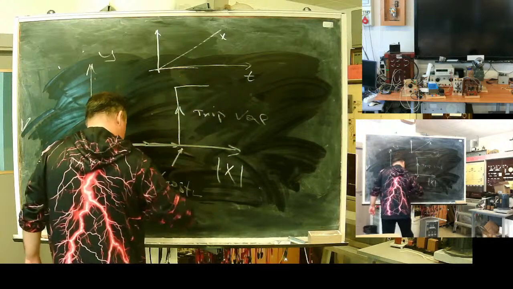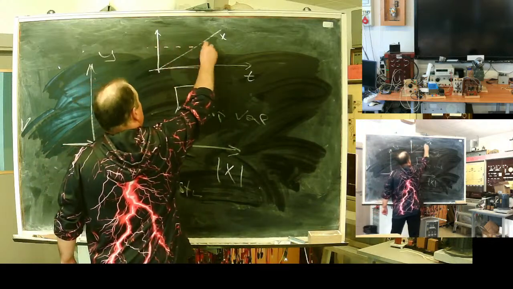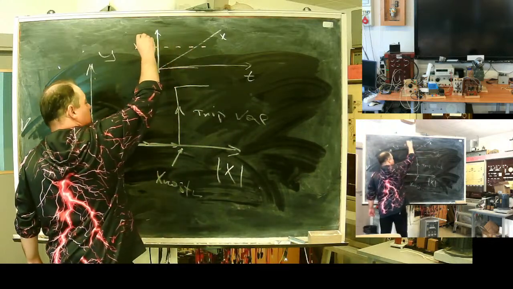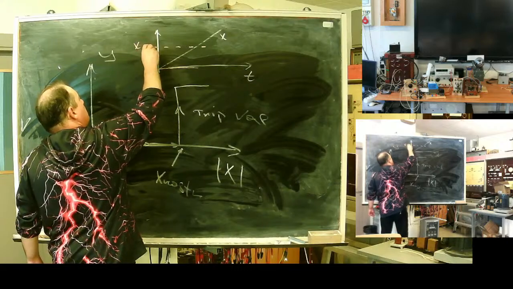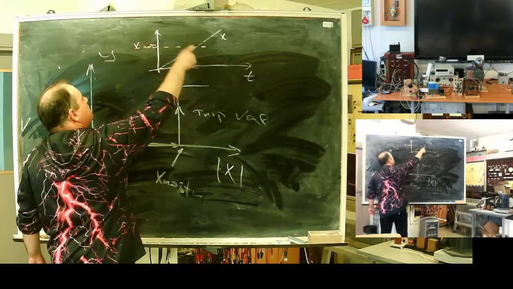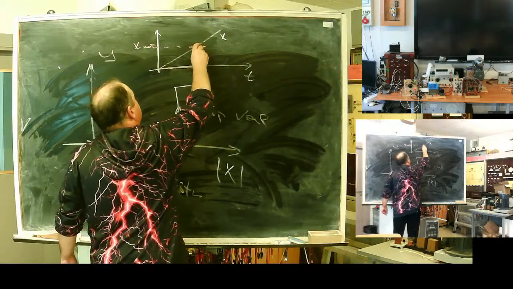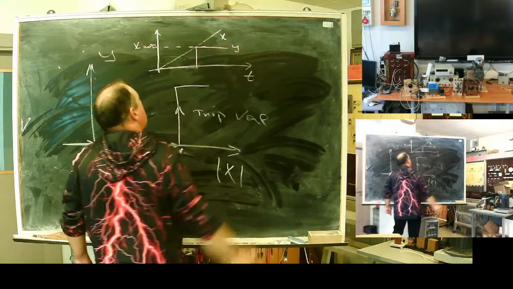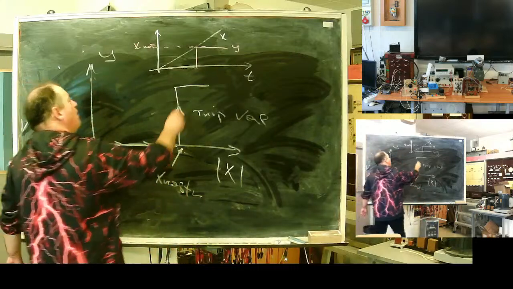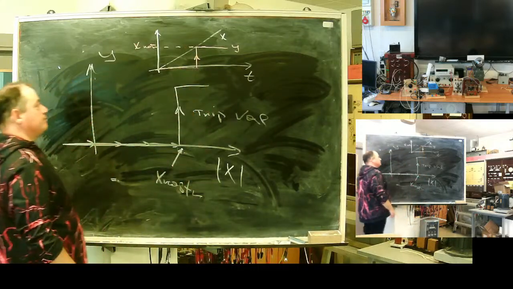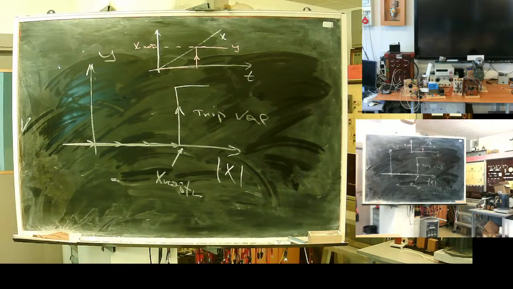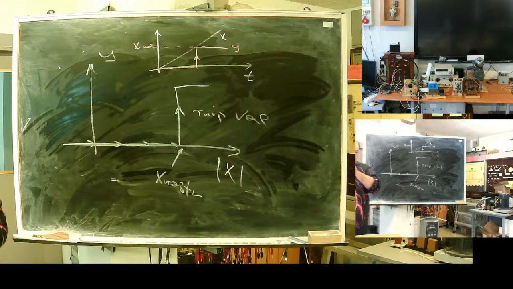And at this moment I need to draw it. It's a trip value, X nostrāde. What happens with Y? It goes up. Trip moment.